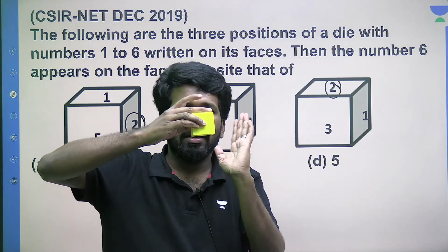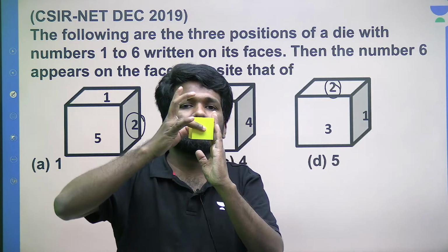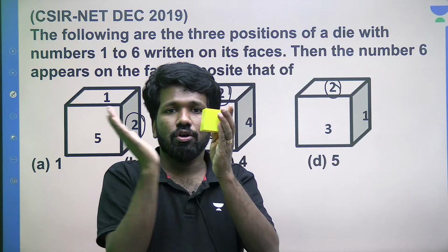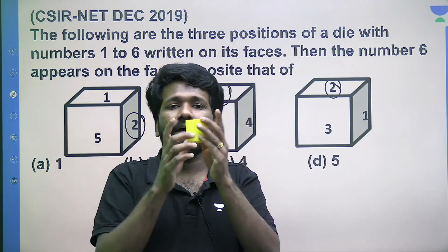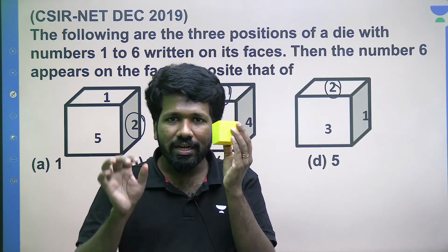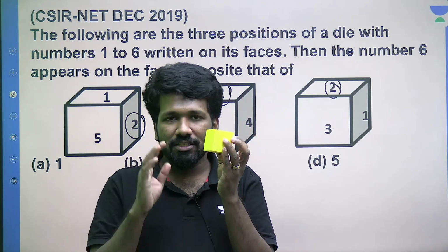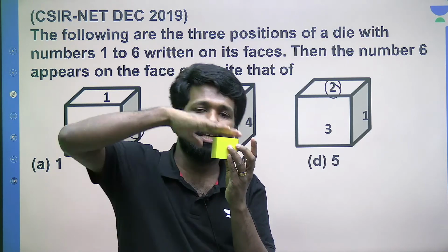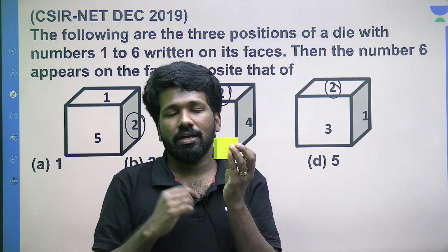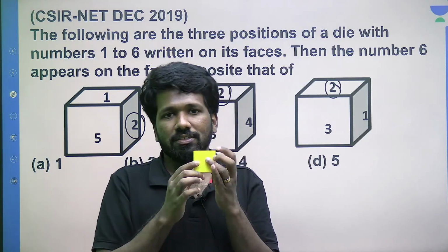In that case, how many neighbors will this 2 have? Neighbors means adjacent faces. 1, 2, 3, 4, na. Left, right, front, back. Those are adjacent faces. Adjacent means faces that are touching this face, that have a common edge. That is called adjacent faces.